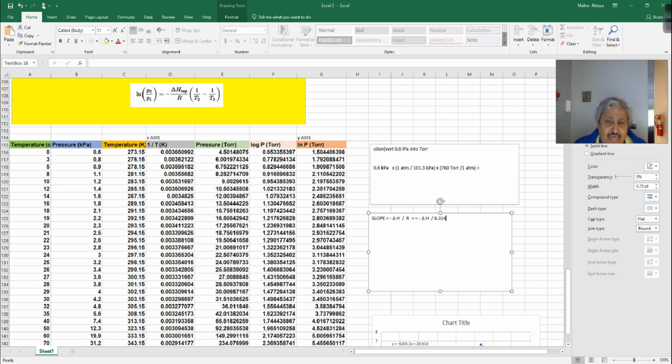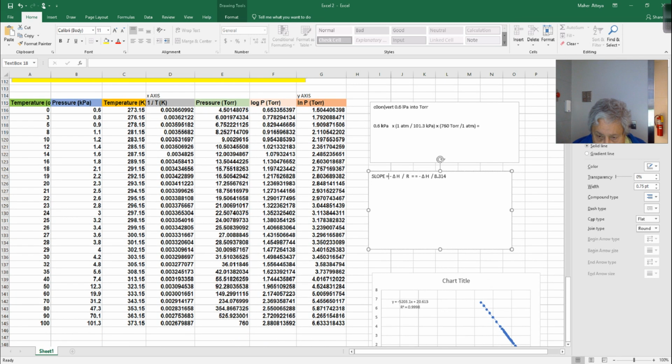The slope, on the other hand, is equal to 5203.1, and this is equal to this.